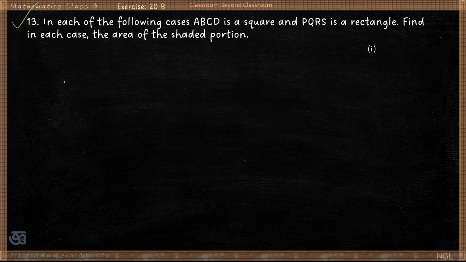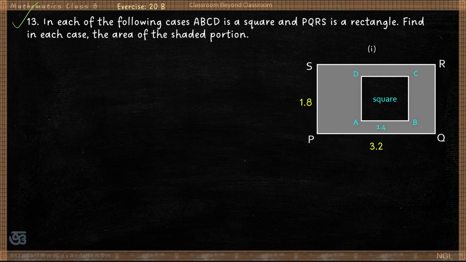Question number 13. In each of the following cases, find the area of the shaded portion. This is case 1. ABCD is a square and PQRS is a rectangle. Find in case 1 the area of the shaded portion. That means within PQRS, this rectangle, there is a square, and outside the square, this is the shaded area.